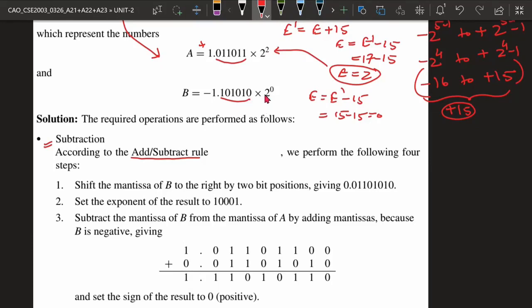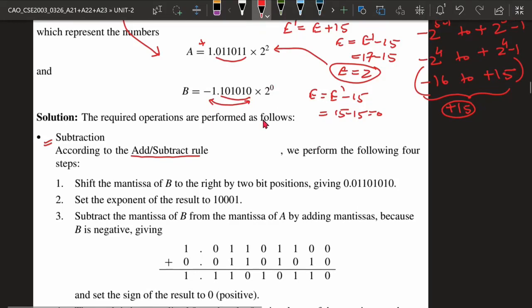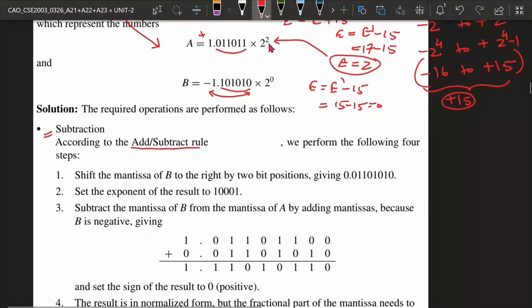So which one has the smallest power? You need to shift this value by the difference of these two powers. We subtract the lowest exponent value from the higher exponent value. So 2 minus 0, which comes out to be 2.